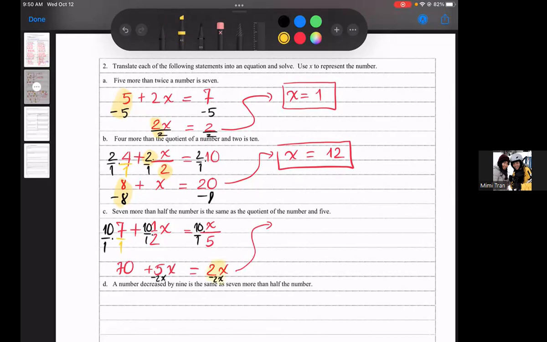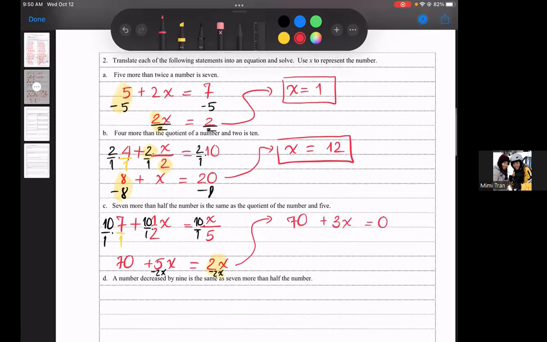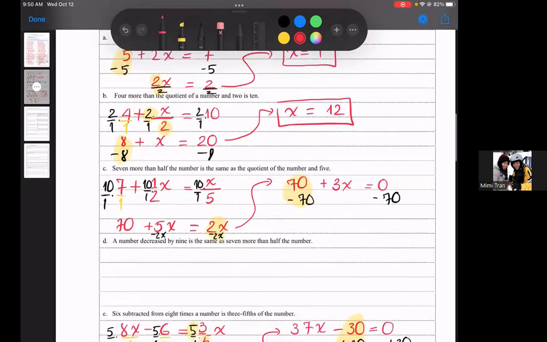So I have 70 plus 3x equals 0. Subtract 70. Remember, you want x all by itself. Slowly just strip things away. 3x equals negative 70. Divide both sides by 3. X equals, can I simplify? No. All right, so just negative 70 over 3.